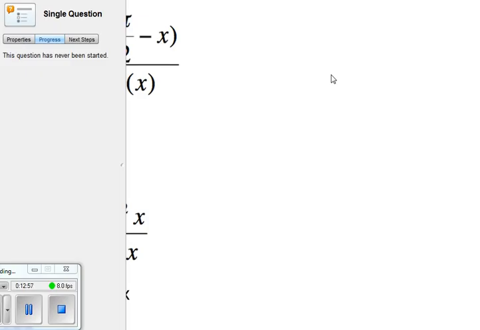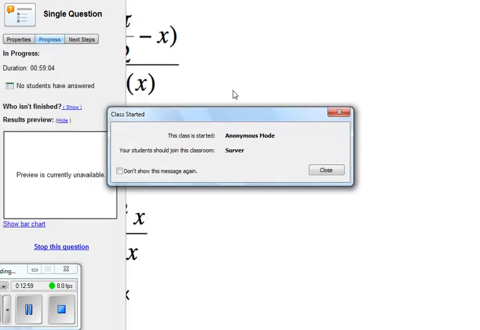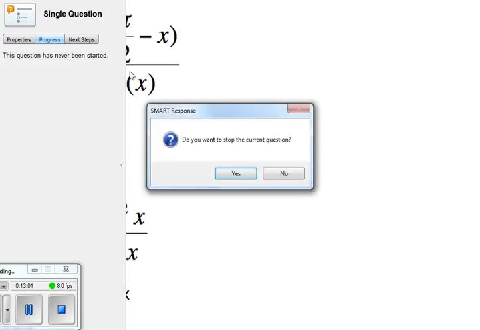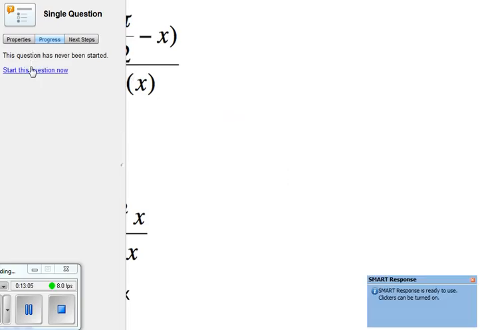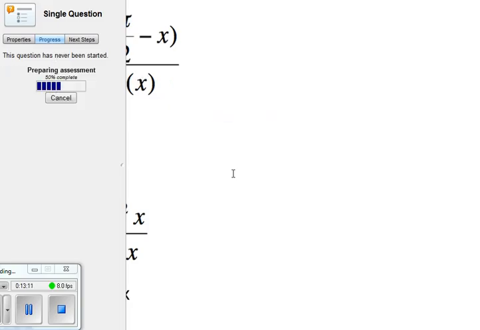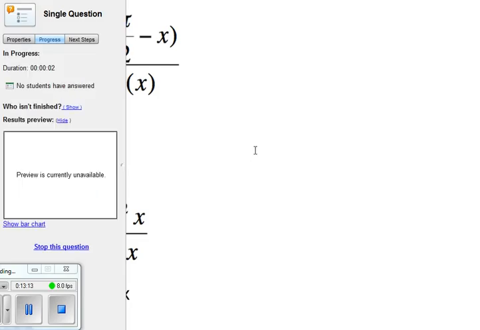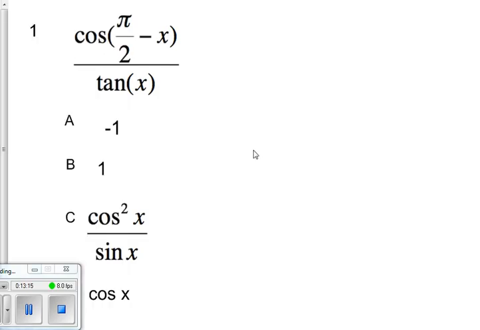Yep. Clickers can be turned on. I feel like I was going to die this morning. I really don't trust anything that I can drink from my friends. So wait, 2.